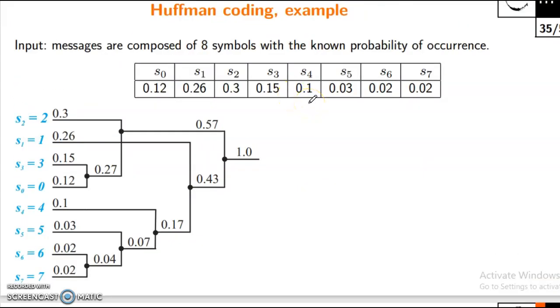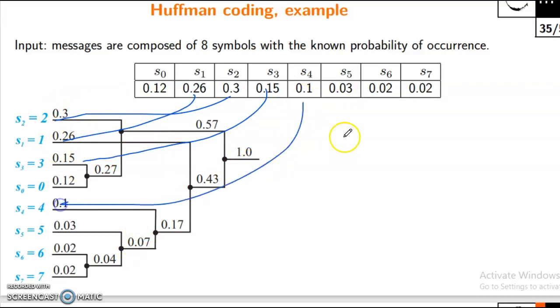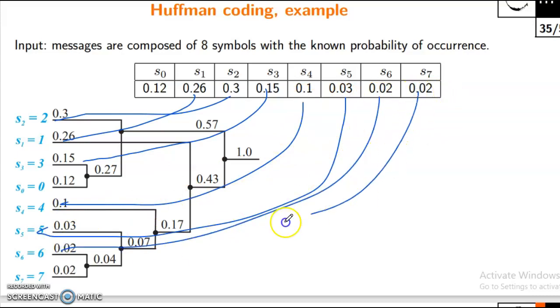Continuing with 0.03, 0.026, 0.15, 0.1, 0.03, 0.02, 0.02.